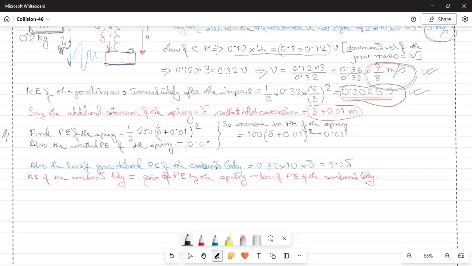The gain in the kinetic energy of the body was 0.2025. So we find 0.2025 is equal to the gain in potential energy of the spring, which is 100 into (delta plus 0.01) whole square, minus, there is a minus 0.01 square here already, right?